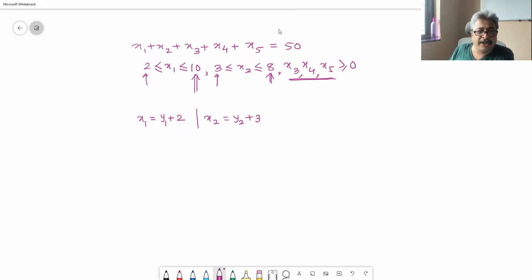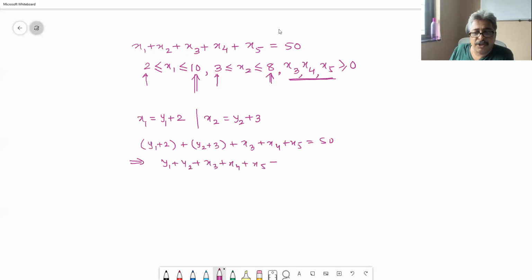But then if I am replacing this, y1 plus 2, that is my x1, plus y2 plus 3, that is my x2, plus x3 plus x4 plus x5 is equal to 50. Therefore, the given problem reduces to y1 plus y2 plus x3 plus x4 plus x5 is equal to 45.